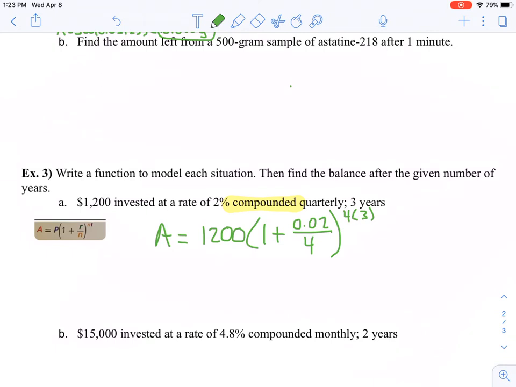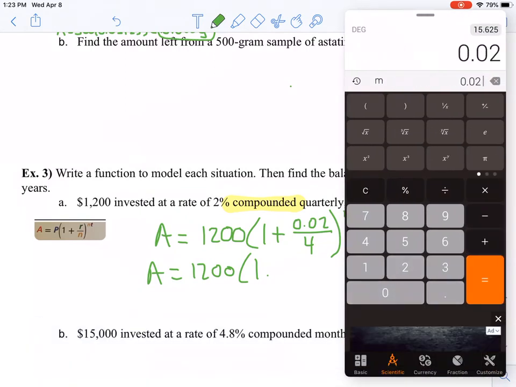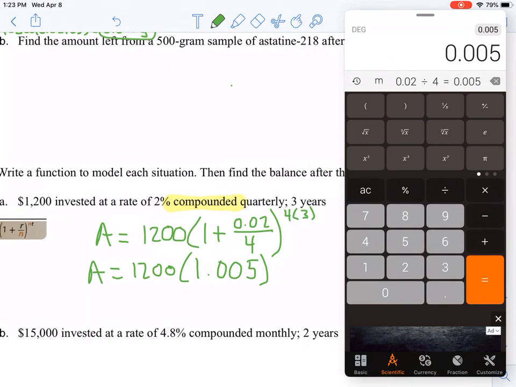So let's simplify this a little bit, make life easier for us. And this will be 1 point something. Let's figure out what that something is. 0.02 divided by 4, we get 0.005, raised to the 12th power.